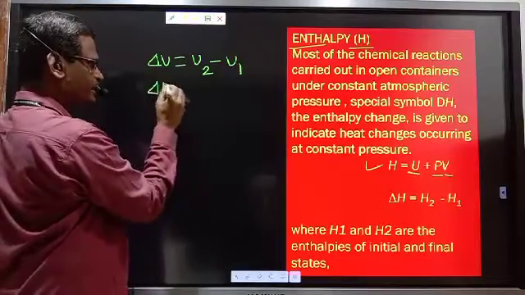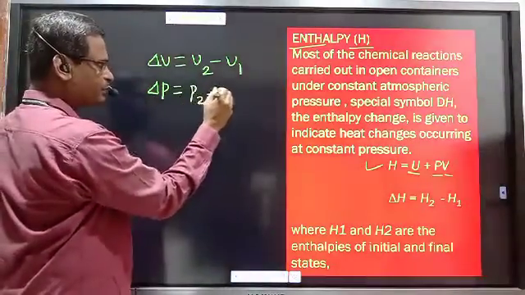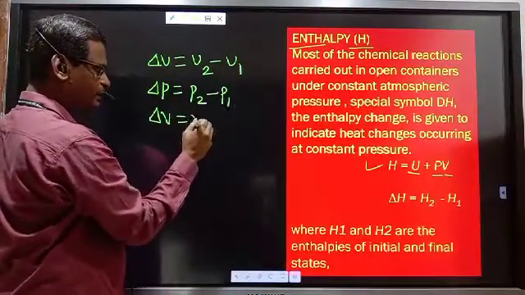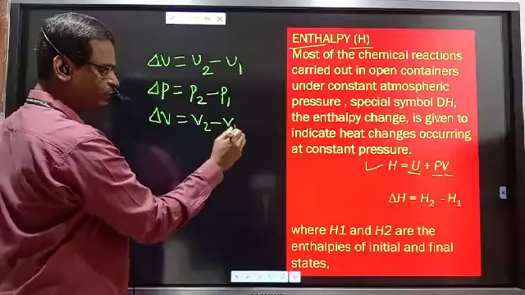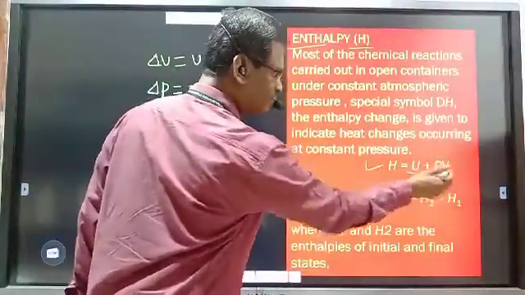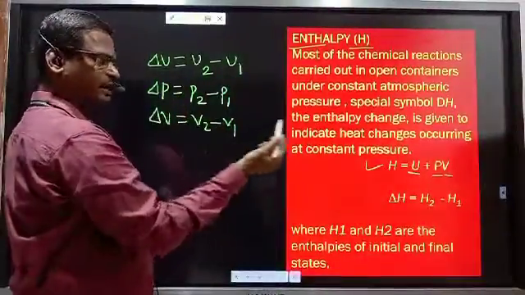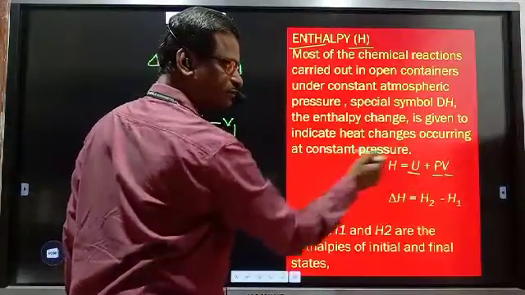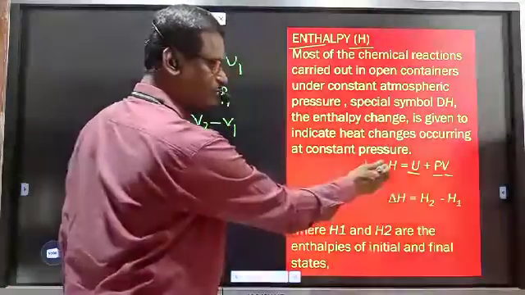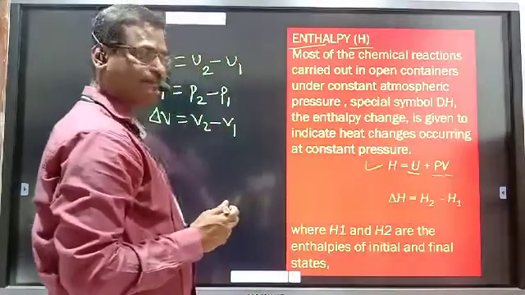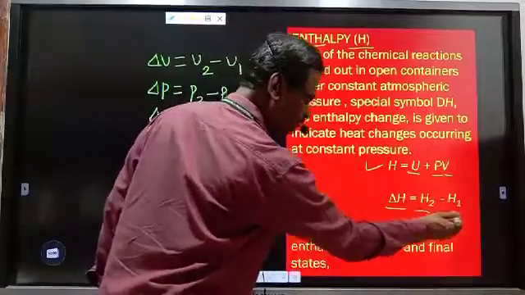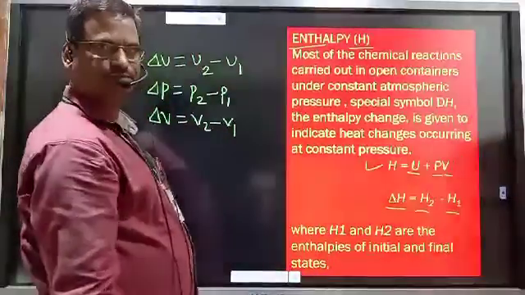Change in pressure, delta P is equal to P2 minus P1. Change in volume, delta V is equal to V2 minus V1. These are state functions, and H is the summation of these terms. Therefore enthalpy is also a state function, and that is also calculated as delta H is equal to H2 minus H1.